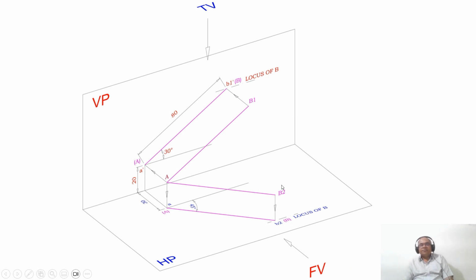True length should be parallel to HP. So A is above HP by 20 mm and B2 is also above HP by 20 mm, so the line is parallel to HP. Since the line is parallel to HP, you are getting the true length in HP. What is the true length here? Capital A and capital B. The inclination made by this is 45 degrees, which is already given. So I am getting this line also. This is how I will be able to write both the top view and front view.